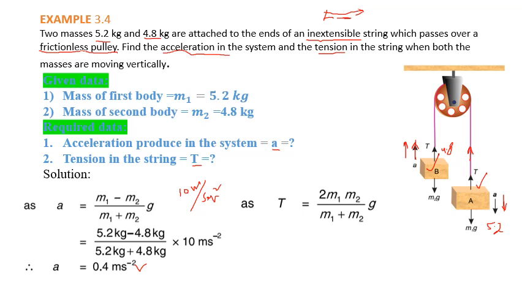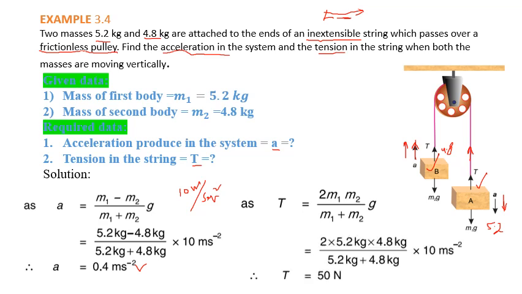So for tension we have already derived the formula. We have also discussed in a review of this lecture that we have to use this formula, which is the tension is equal to 2 multiplied by m1 m2, the mass of the first body and the mass of the second body, divided by the mass of the first body plus the mass of the second body, multiplied by g.